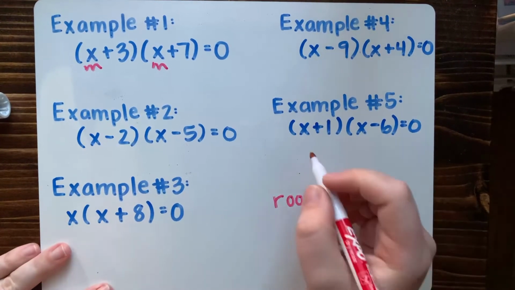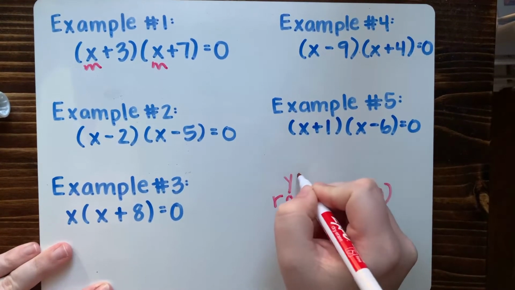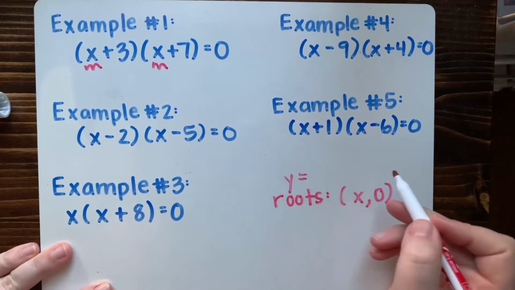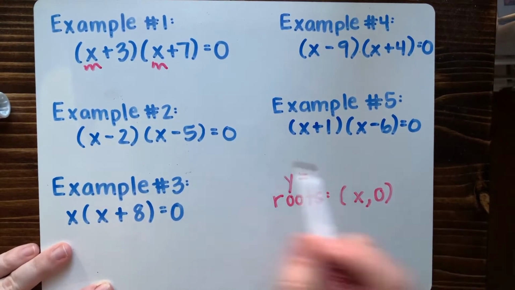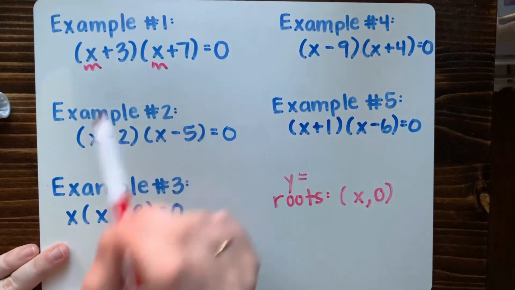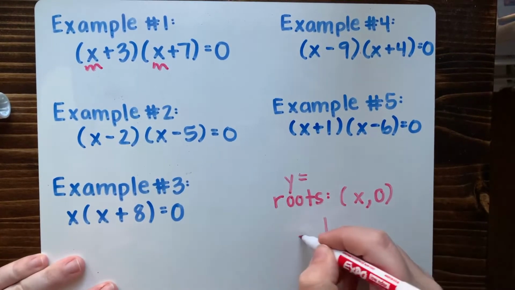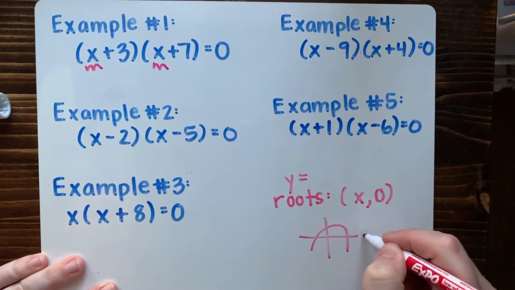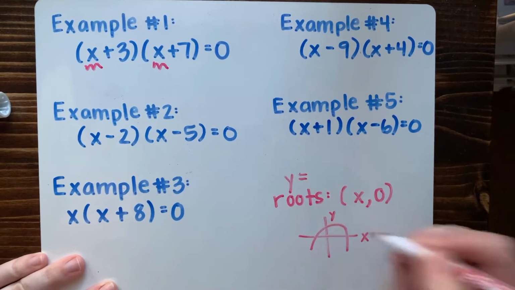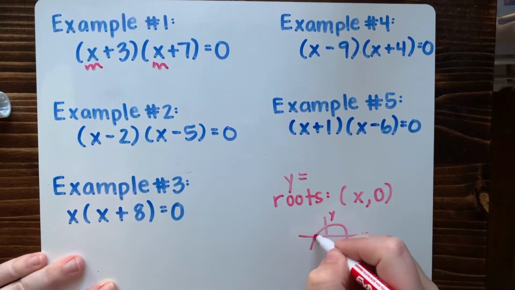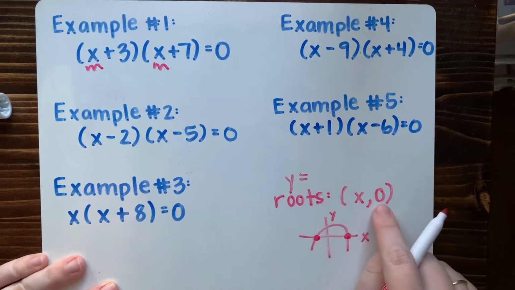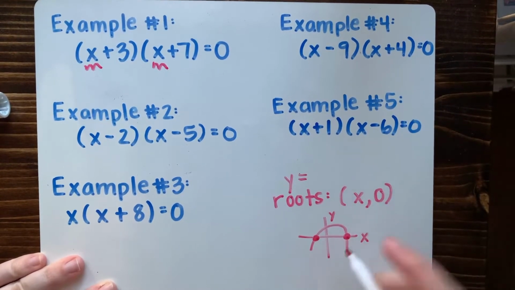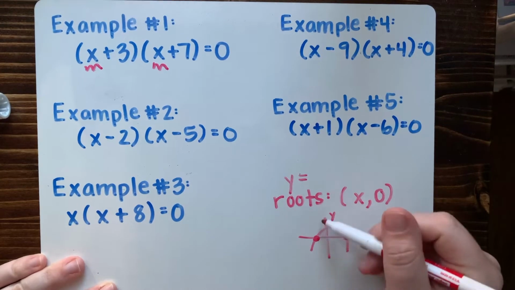And so normally we say our functions are y equals or f of x equals. To solve for what x equals at these places where it crosses the x-axis, we have our x and our y-axis. These places are not going to move any place in the y direction.